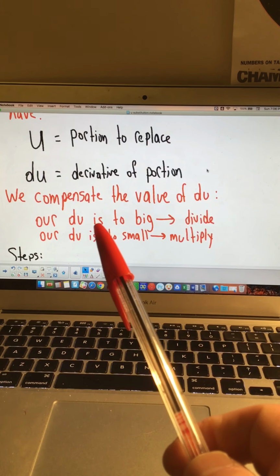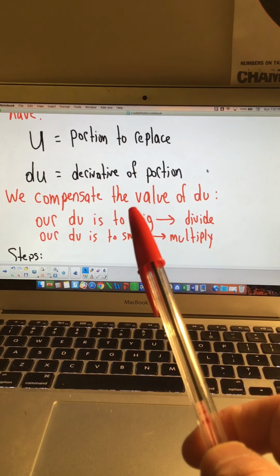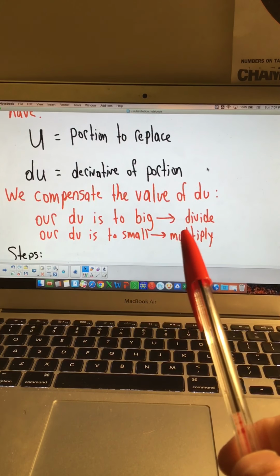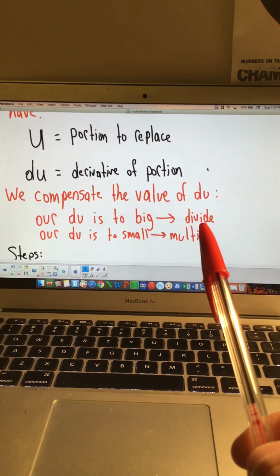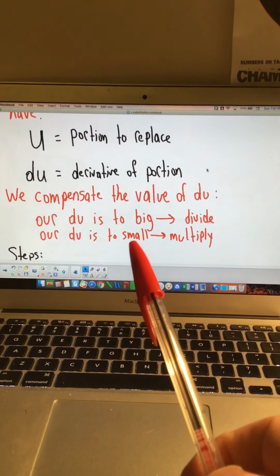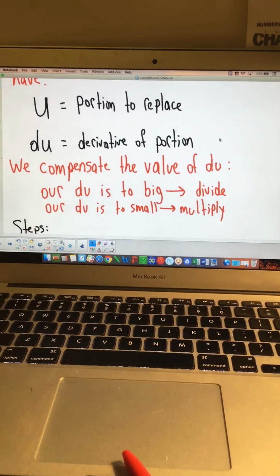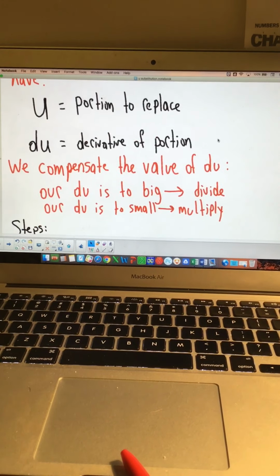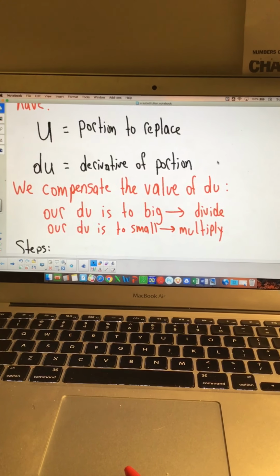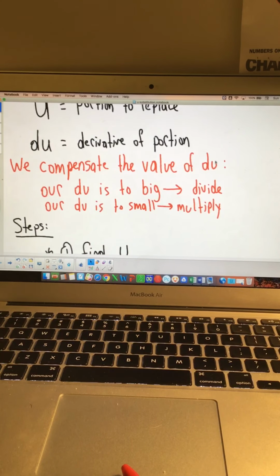If du is too big, meaning the value we're getting is larger than what's in the problem, we're going to have to compensate with division. If it's too small, we're going to have to compensate in the problem with multiplication. So keep this in mind as we go forward. For now, everything's going to match. That won't be the case as we keep going.